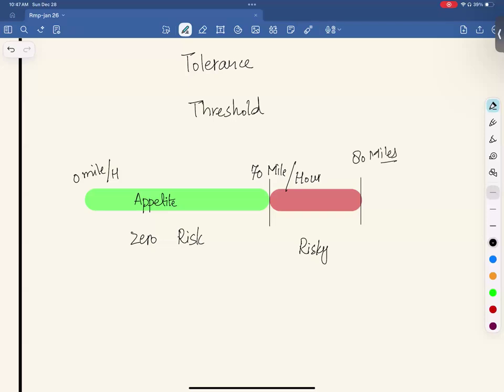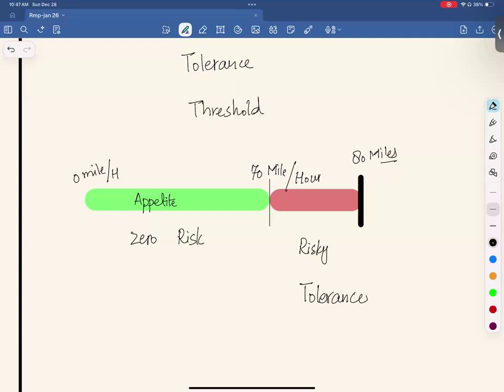You can drive between 70 to 80, but it's risky. It's challenging, you need to be very cautious. This is called risk tolerance. You can tolerate risk within this range. With appetite, you need not be worried, it's a risk-free zone. With risk tolerance, you have risk and need to be very cautious. And the upper limit of risk tolerance is called the risk threshold.